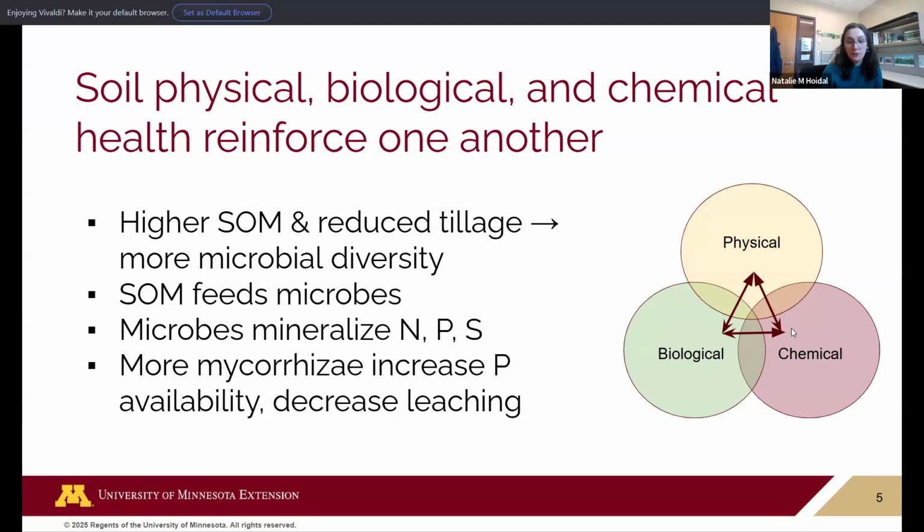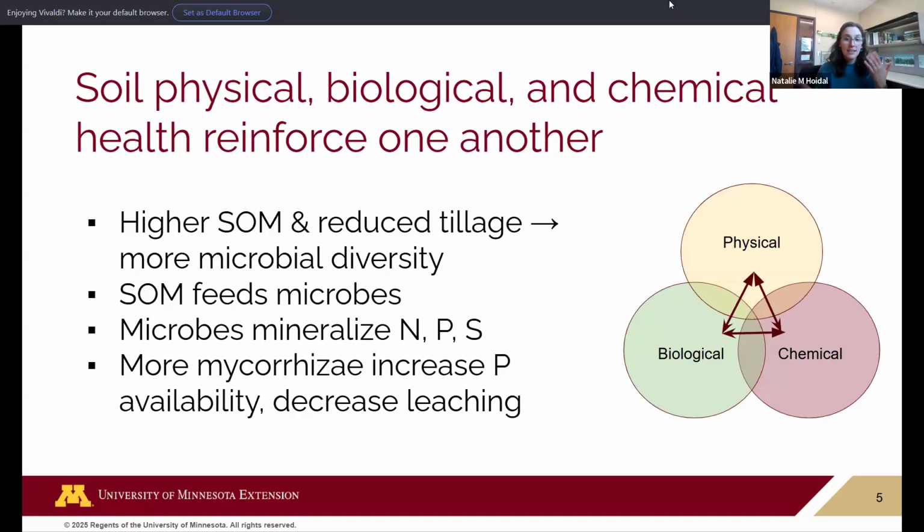And these things really reinforce each other. So for just some examples of how these different functions of soil work together, when you have more organic matter and when you're reducing tillage, we tend to see more microbial diversity. When we put organic matter into the soil, we're feeding the microbes. Those microbes, in turn, are doing a lot of work for us.